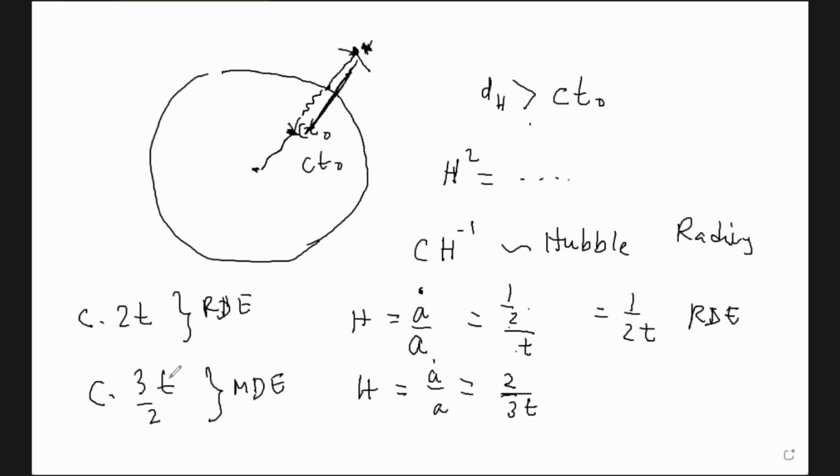You can see that for a radiation dominated universe, CH inverse is the same as the horizon size, so more or less it is close to the horizon. But for a matter dominated universe, it is not 3 CT, it is 3 by 2 CT.